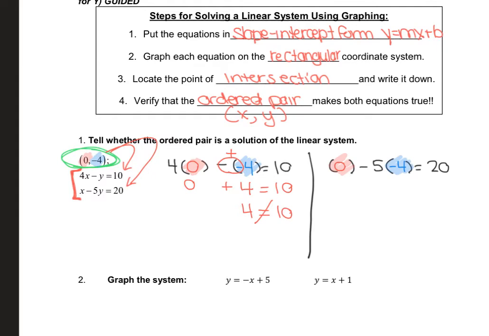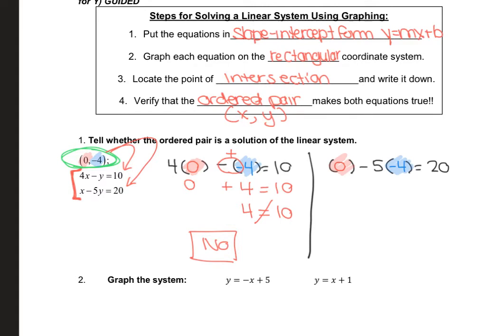And right away I see that it does not work for this first one. So I don't even need to test it for my second one, because my answer is no. This ordered pair is not a solution.